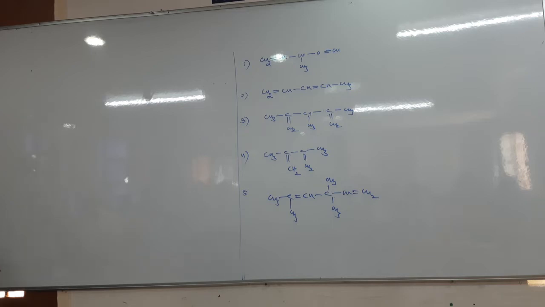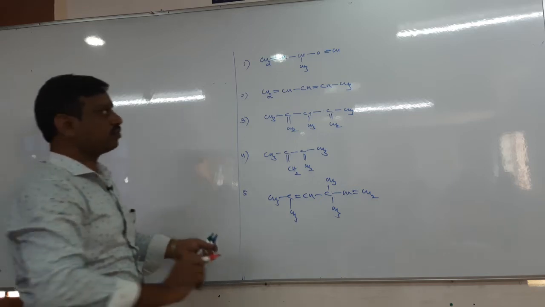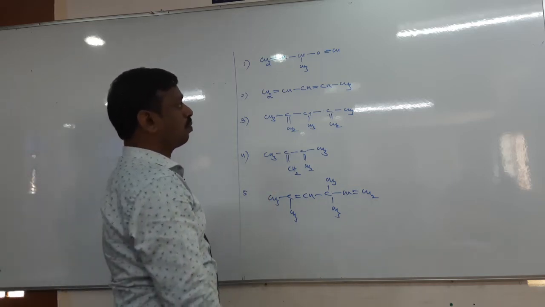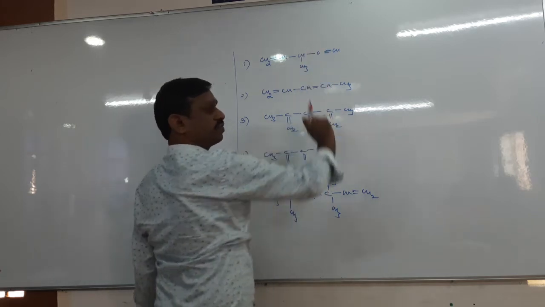Write the IUPAC names. Tell me. So double bond and triple bond are present in equivalent positions.